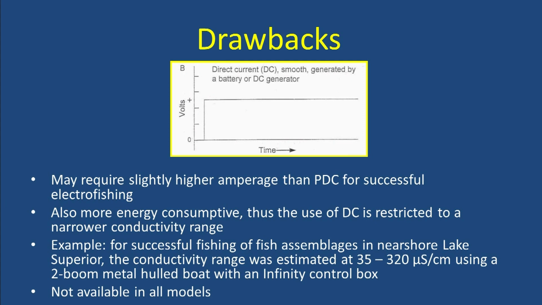For example, in Lake Superior, for successful fishing of those fish assemblages up there, we estimated the conductivity range at about 35 to 320 microsiemens per centimeter when using a two-boom metal hull boat with an Infinity control box. So you can see that is a restricted range relative to other waveforms typically. Also, DC is not available in all control box units, backpack or boat.